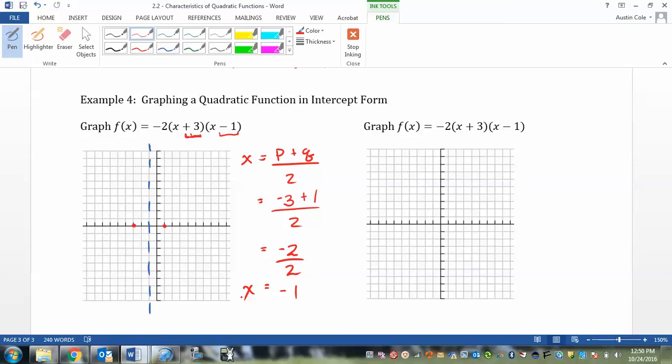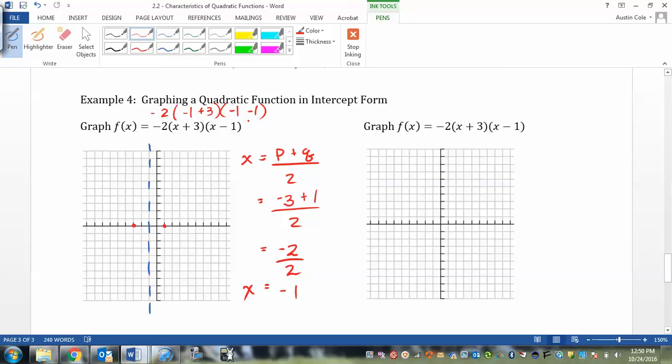Once I have my axis of symmetry, I'm going to plug in that value into my function. So here we go. I'm going to do -2 times, I'm going to plug in -1 for x. -1 plus 3, and then -1 minus 1.